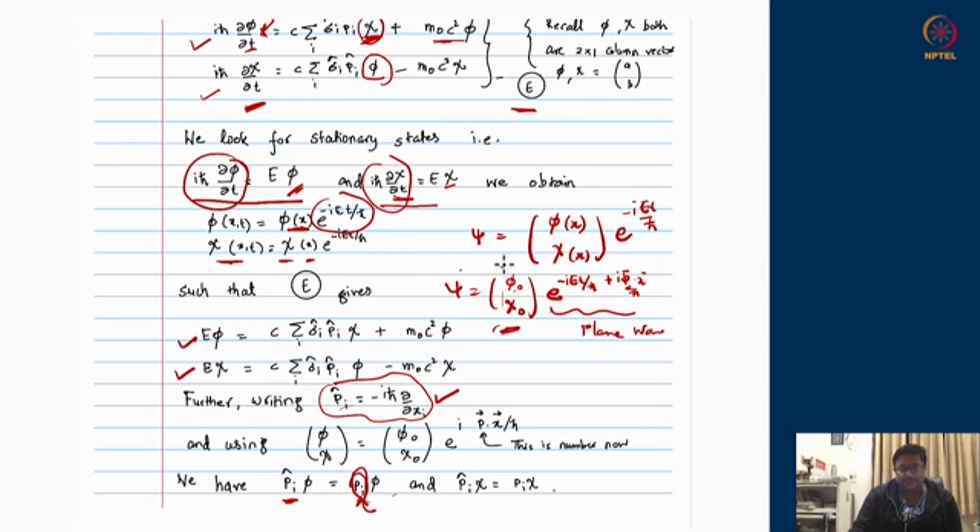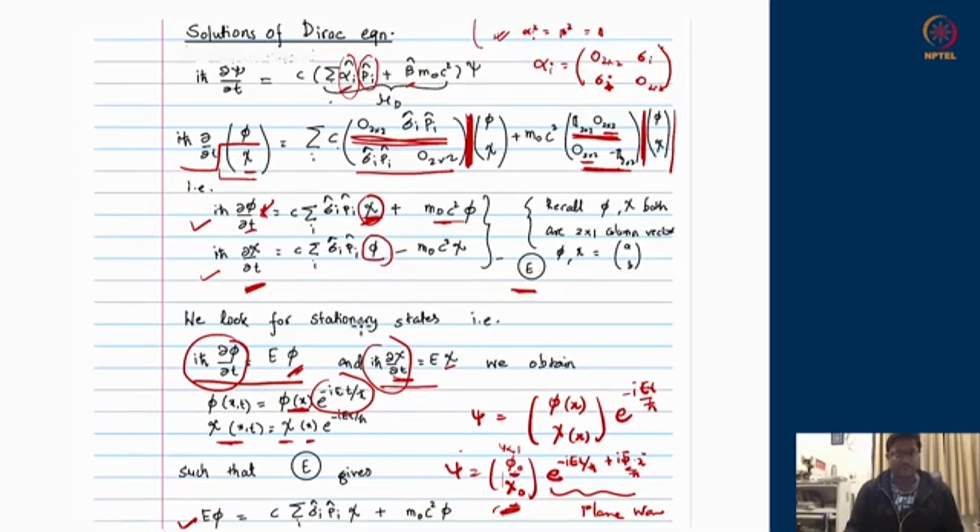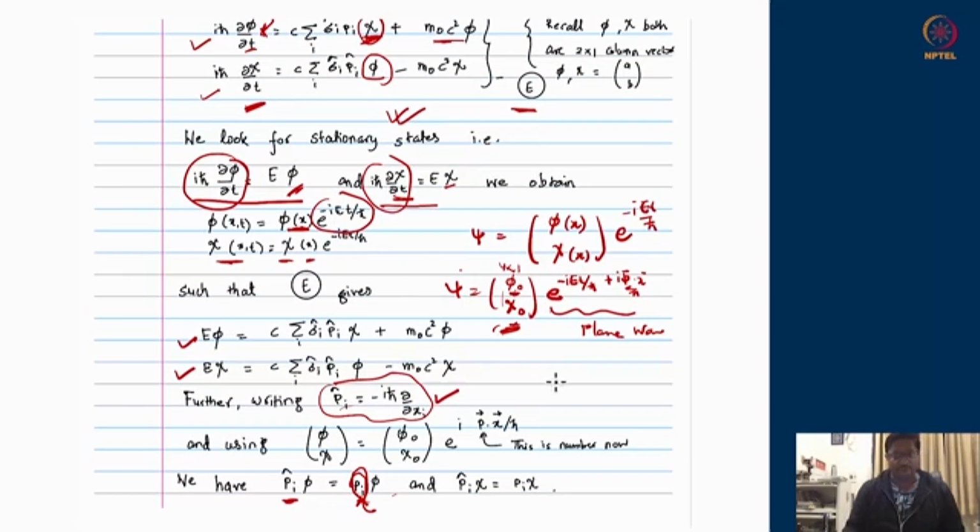So this is still a 4 cross 1 dimensional matrix, doublets here, but they are constant doublets, and a plane wave which multiplies. These are the solutions of the Dirac equation which we are looking for. So we have a solution of the Dirac equation where we have a constant 4 cross 1 times the plane wave. Now this is a very interesting structure that emerges. We understand the plane wave part, but what is this 4 cross 1 dimensional part which has come about, we will need to see in more detail.